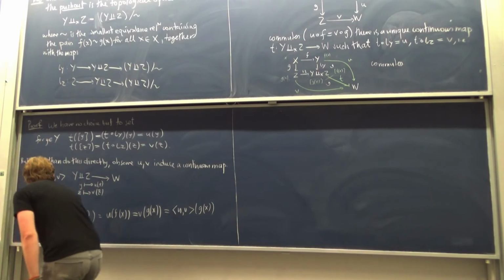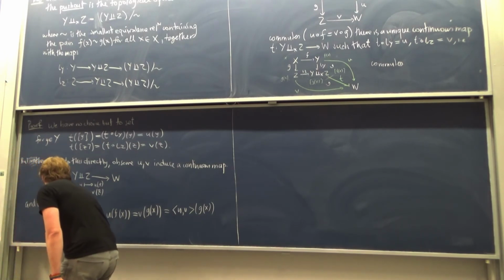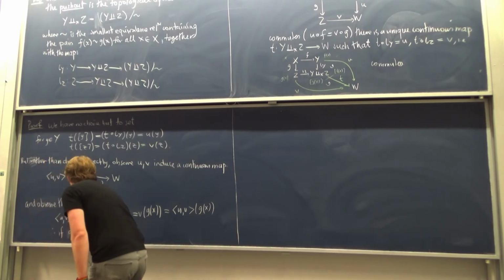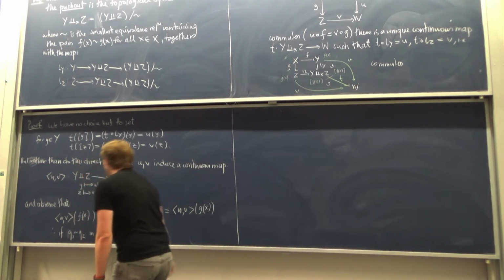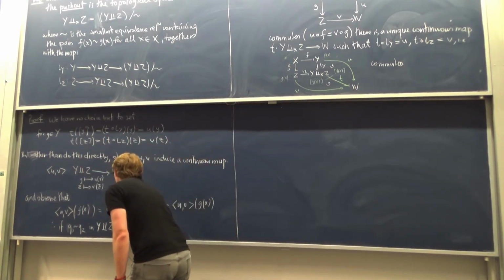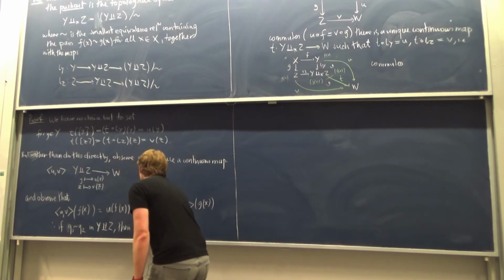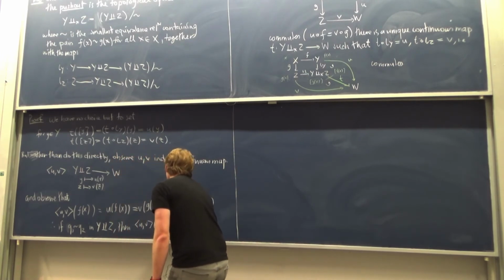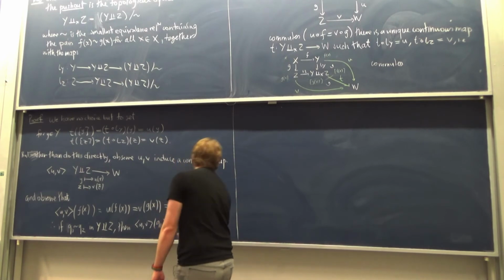Therefore, if Q1 is equivalent to Q2 in the disjoint union, no matter what elements they are, then UV of Q1 is equal to UV of Q2.